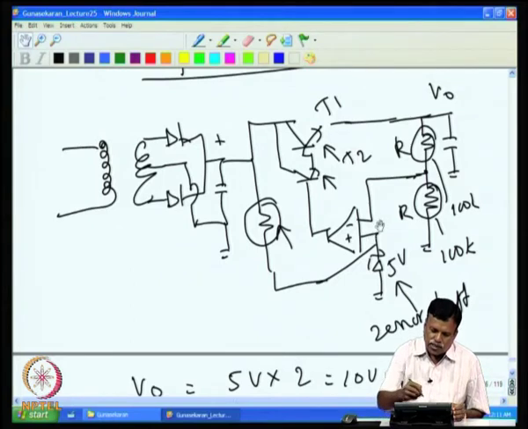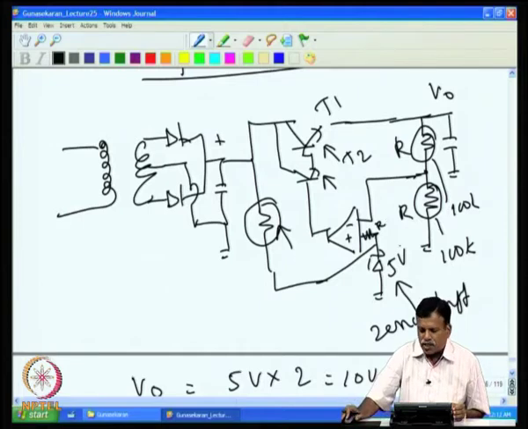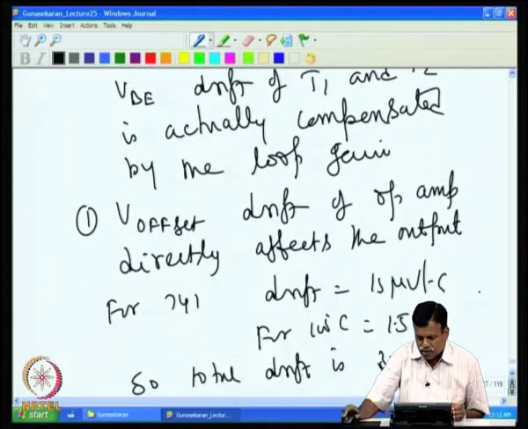If I want to reduce the error, then I add another resistance here, so that both have the same bias current and same R. So that reduces the bias current error.